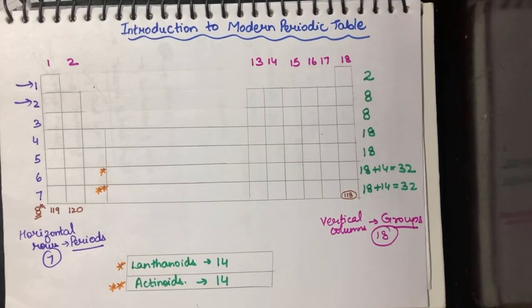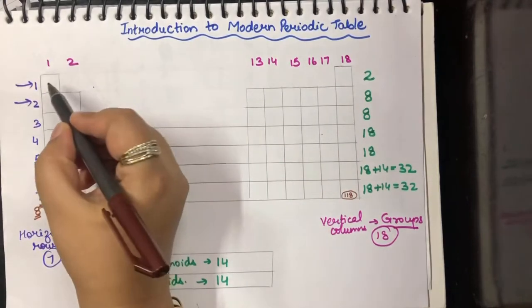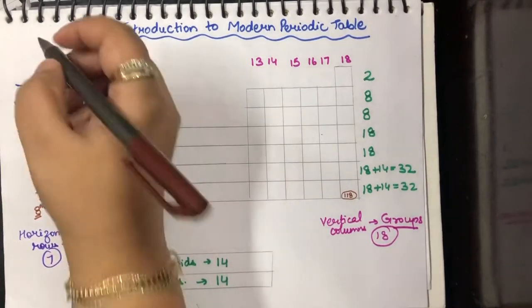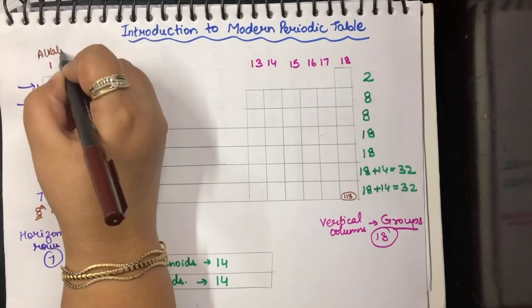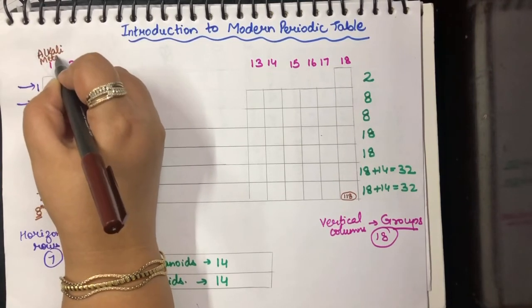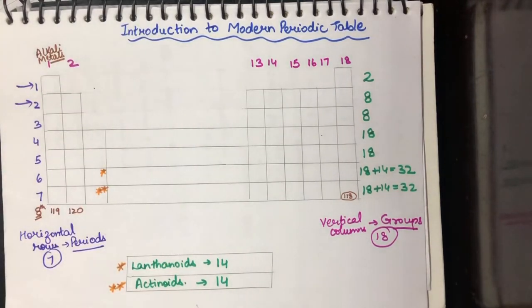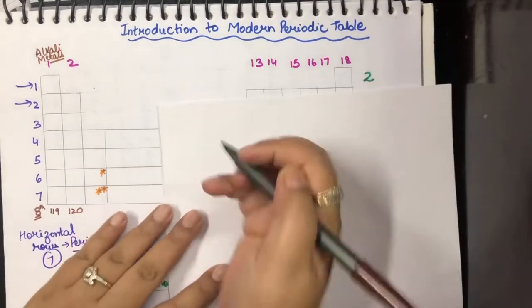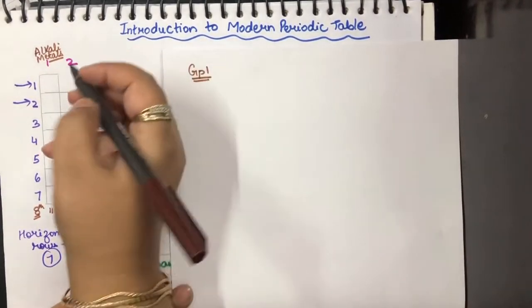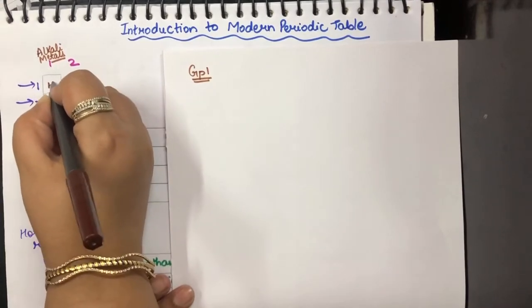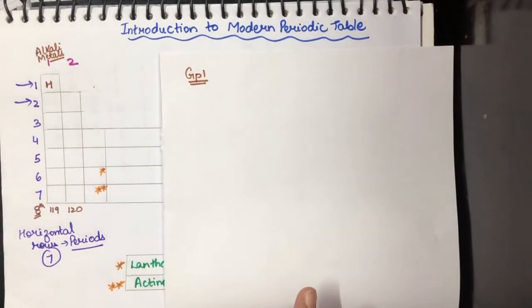Now let's talk about each group one by one. I will begin from group 1, right? Group 1 is called alkali metals. In group 1, the very first element in the periodic table is in group 1, period 1, which is hydrogen.